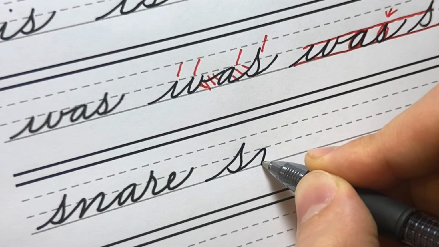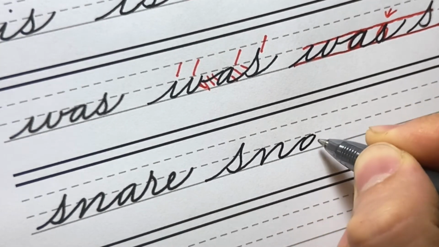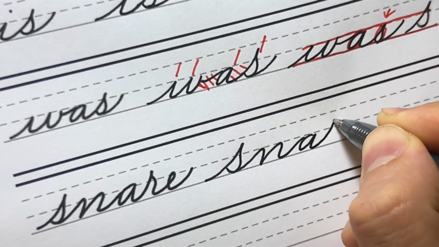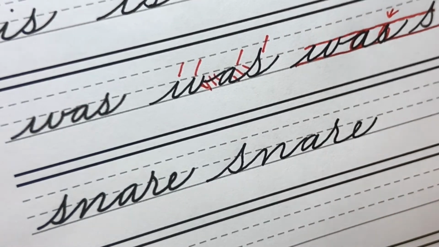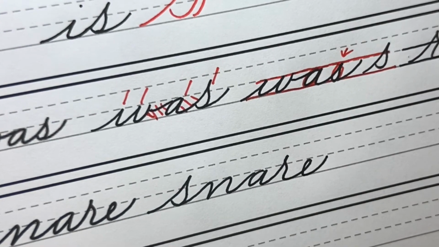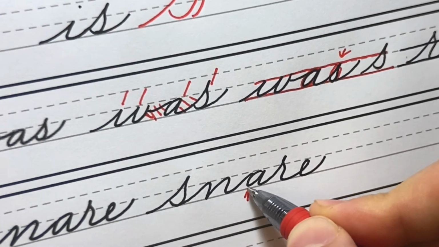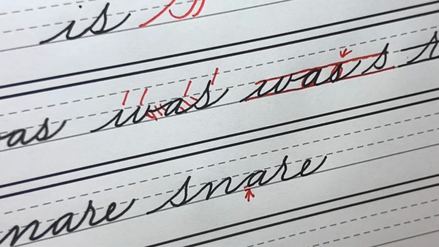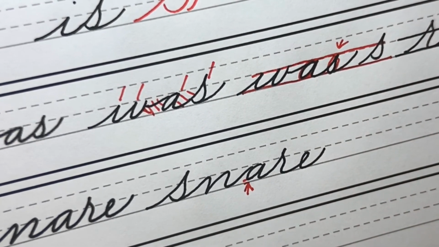Compound into my N. Another compound into the A. My R, and then loop out into an E. All right, and if you see any issues with this, I see one jumping out to me, and this A didn't really kind of miss the baseline there with that A. Just a small miss, but it's those little things that make the script look, I don't want to say sloppy, but for lack of a better word, I'll say sloppy.